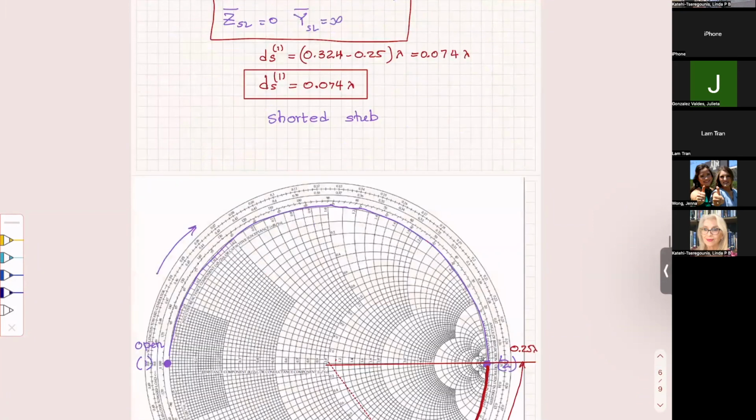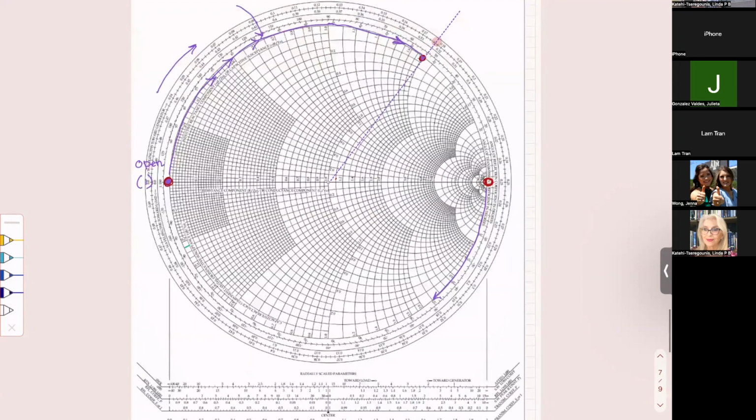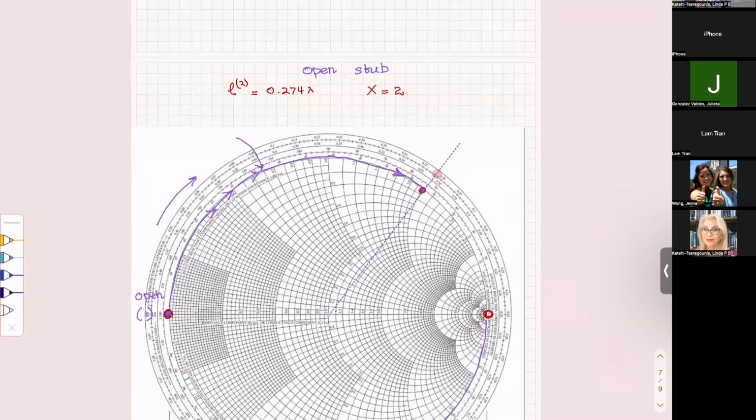Okay, and this one is for open. And this d sub s in this case is going to be 0.177 lambda.